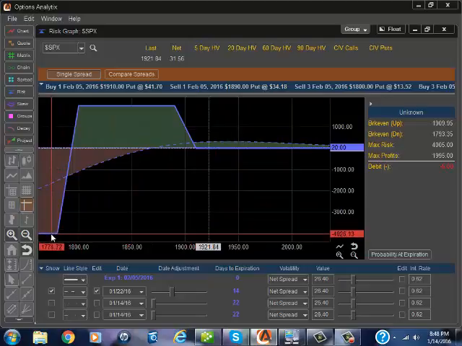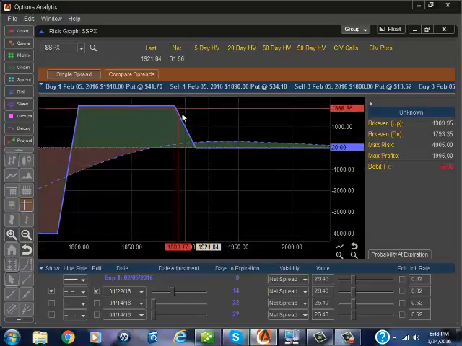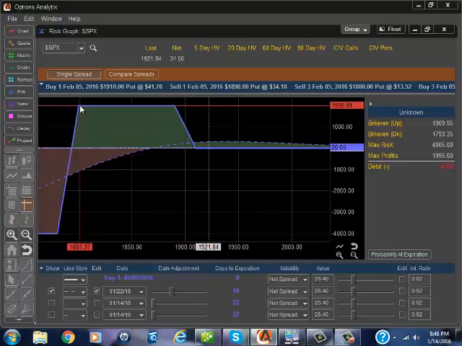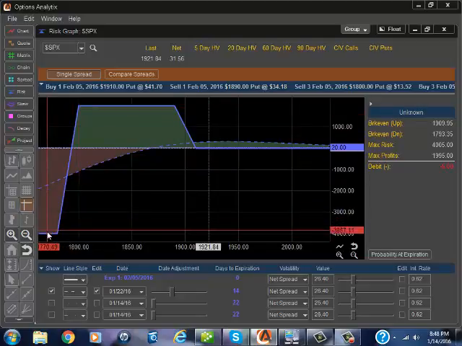And based on our downside risk, remember what our downside risk is. It's $4,000 minus the debit, so $4,005. And the reason is because we own 20 points right here, but we're short 3 times 20, which is 60 points here. So that's an overall risk of 40 points or $4,000. And take that $5 away, and that's what you have. That extra $5 debit, and that's our max risk.